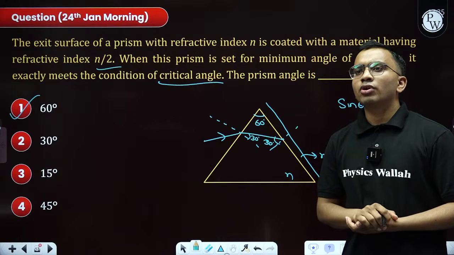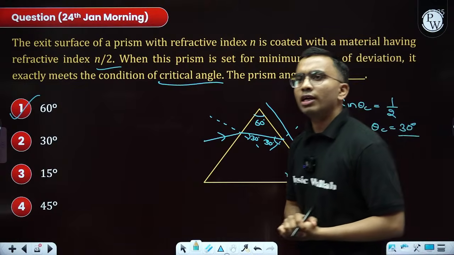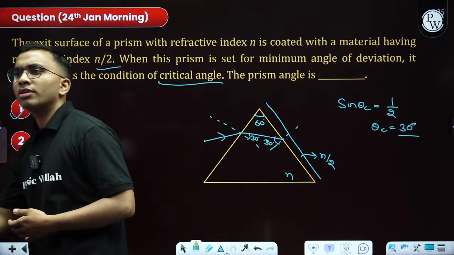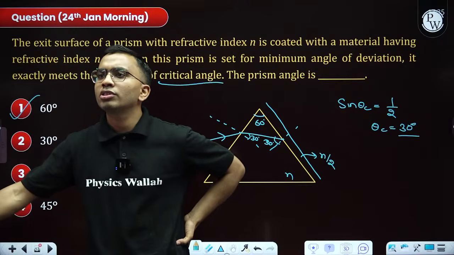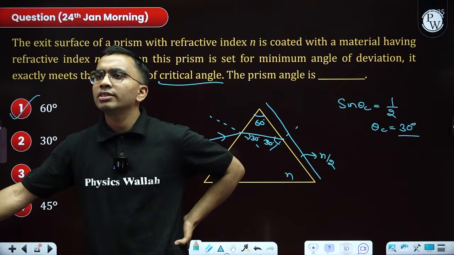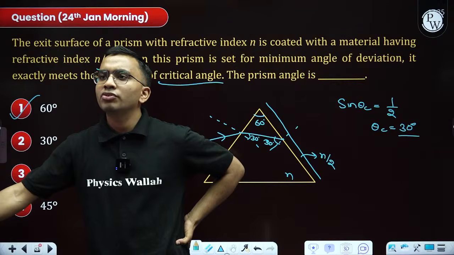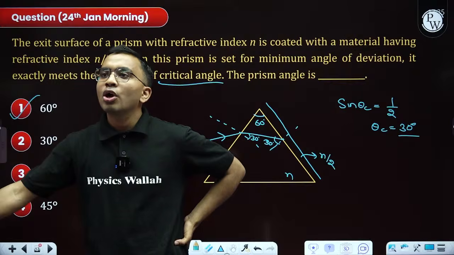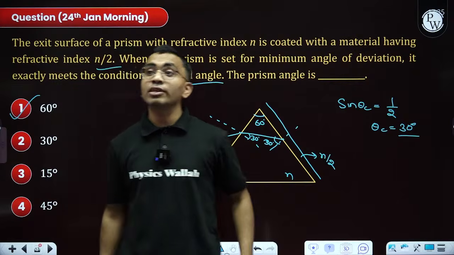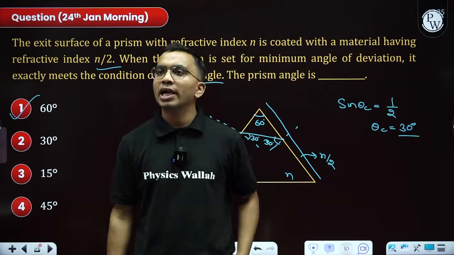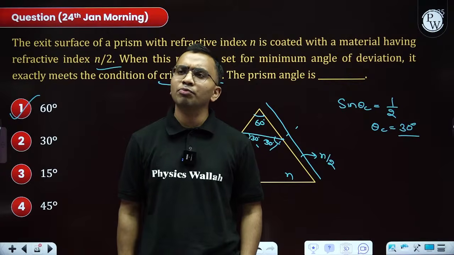Sir, what to do about the 5-liner theory questions which were asked in JEE Main 2026? Okay, that 5-liner question was there. I think I took that question in the important questions.